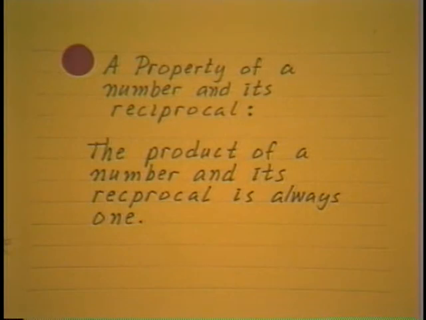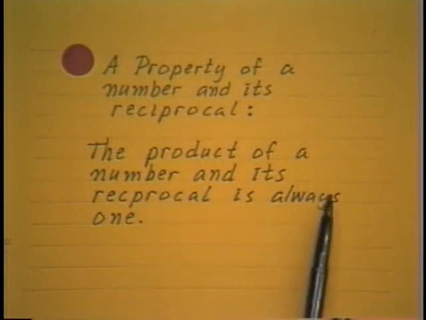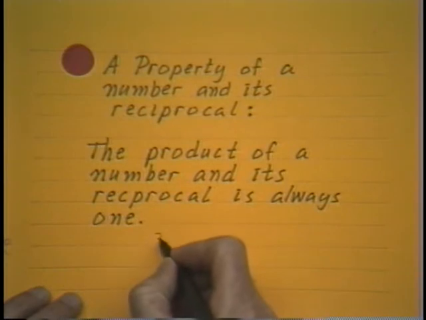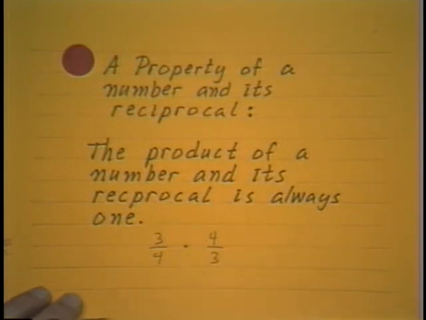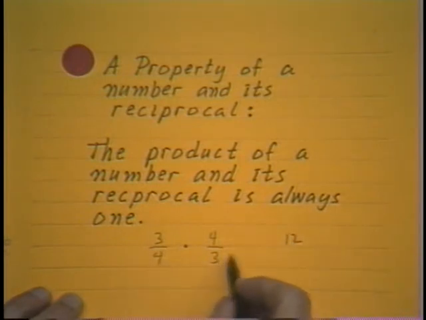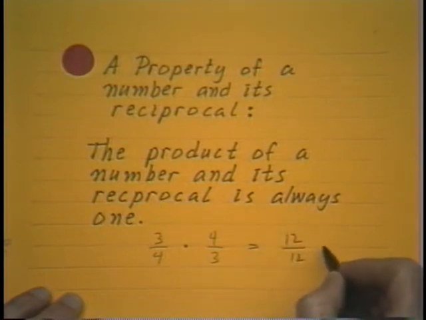Now, a special property between a number and its reciprocal. The product of a number and its reciprocal is always 1. Example, if I have 3/4 and I take its reciprocal and multiply, you can see that this times this is over this times this, and anything over itself is always 1.